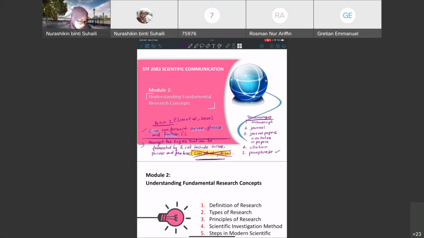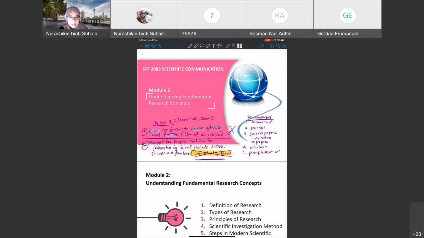Lim et al., 2020. Yeah? So in the first case, I put citation, but I don't paraphrase. It is called plagiarizing. It is also plagiarizing, sebab I cakap tadi kan yang ni adalah the original sentence from Lim.